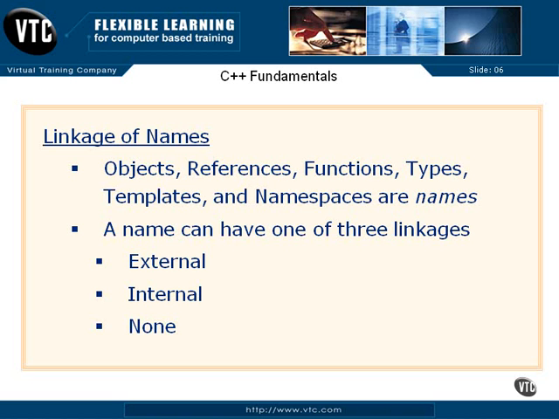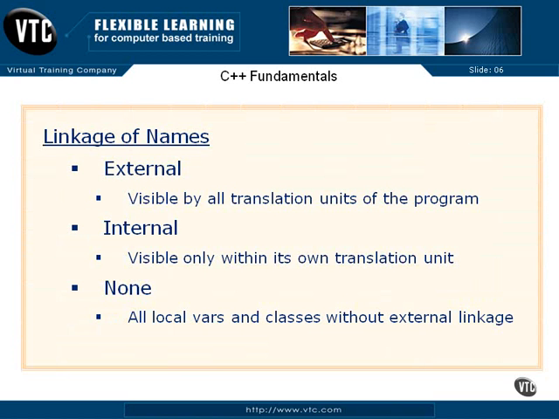All right, let's go through and look at those. External linkage means that the item we are discussing will be visible by all of the translation units in the entire program. A name, remember that was one of many different things, that has internal linkage will be visible only within its own translation unit.